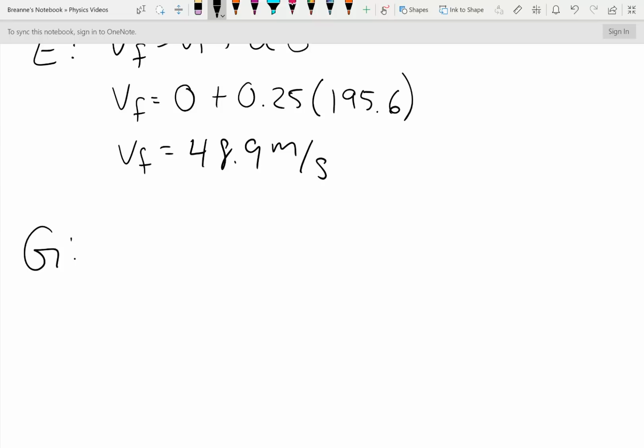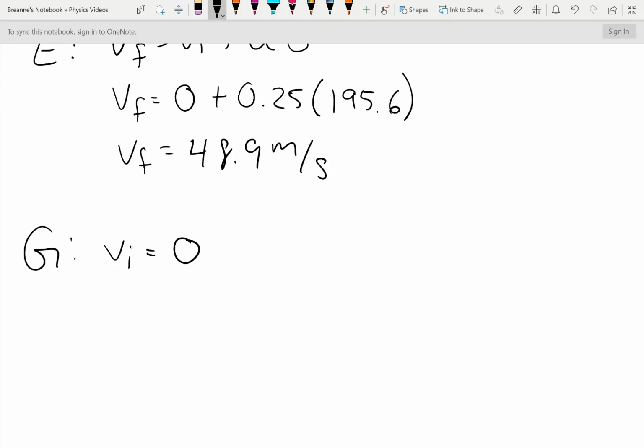So it says that she can burst out to essentially top speed. So that's our final velocity of 11.5. It says it can reach that in the first 15 meters. So our initial velocity would be 0. See, this is why it helps to read the whole entire problem.